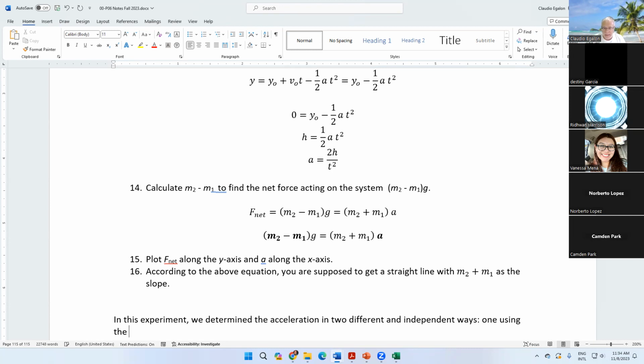One using the kinematics equation, and the other using Newton's second law of motion.